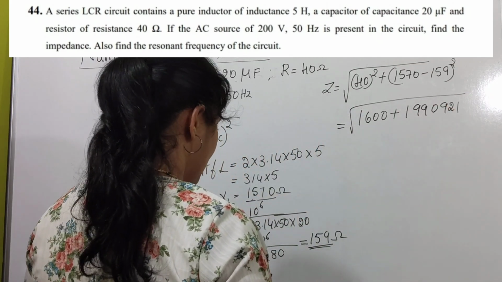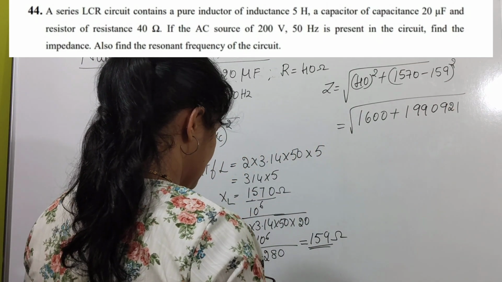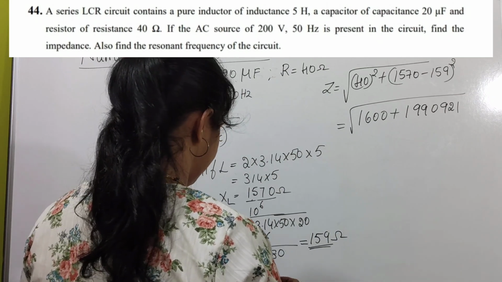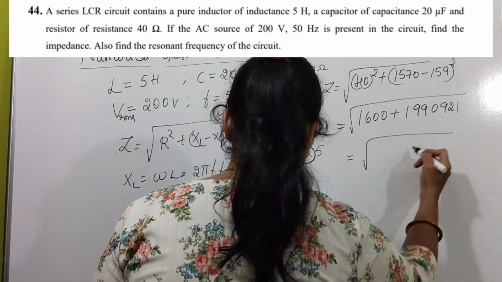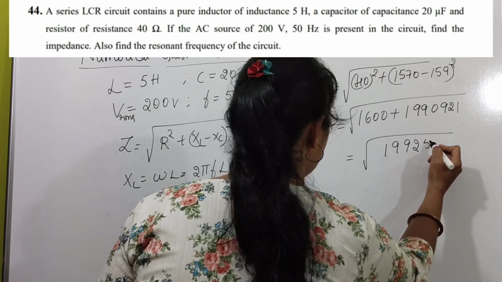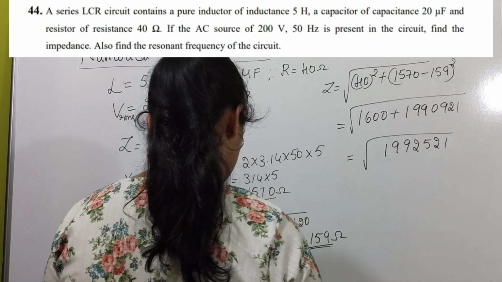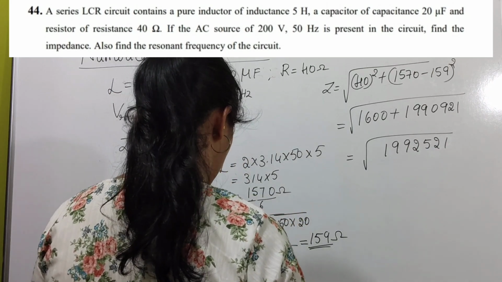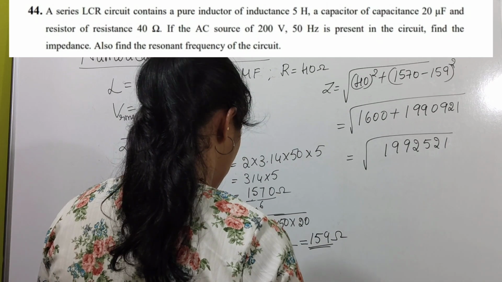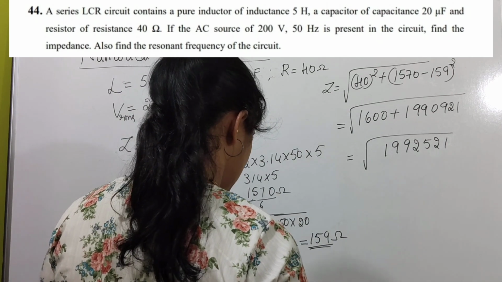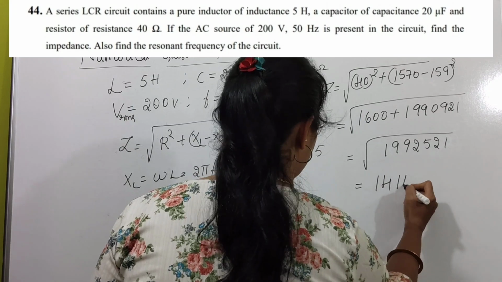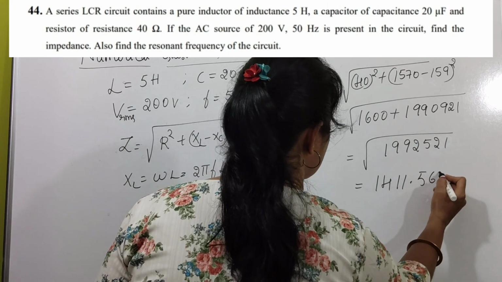Now add 1600 and take the square root of this. The square root of 1992521 is 1411.567.